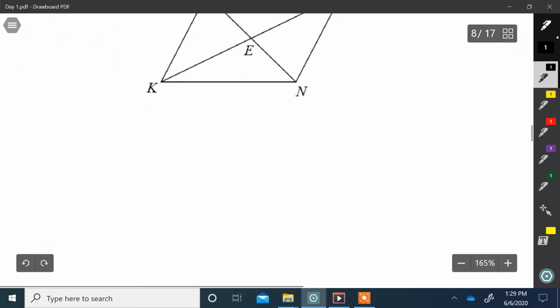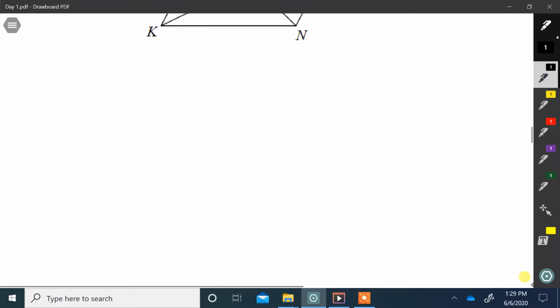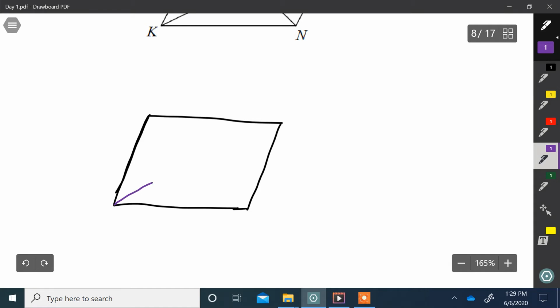Whenever you have a parallelogram, and let's talk about that as well. I'm going to draw a parallelogram, and I'll do my best to draw one. Okay, if you have diagonals, and this is a diagonal. Now let's draw another diagonal.